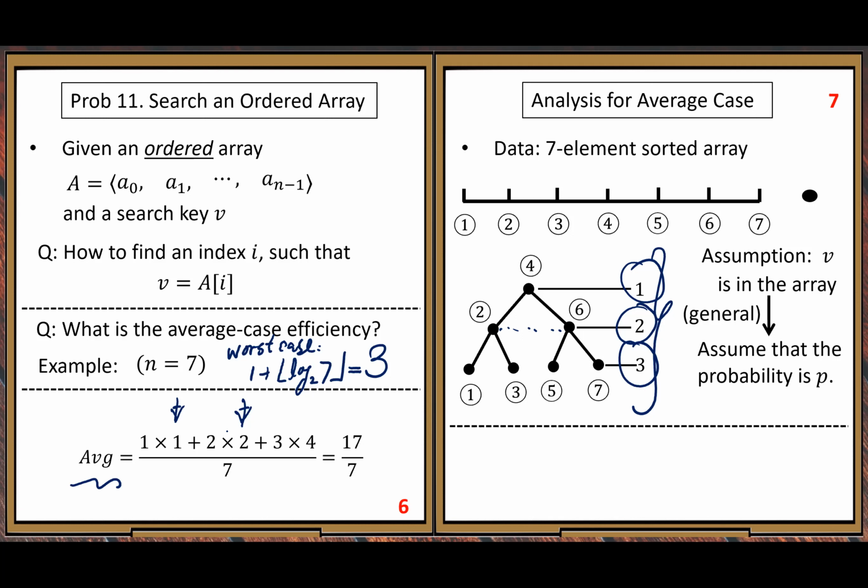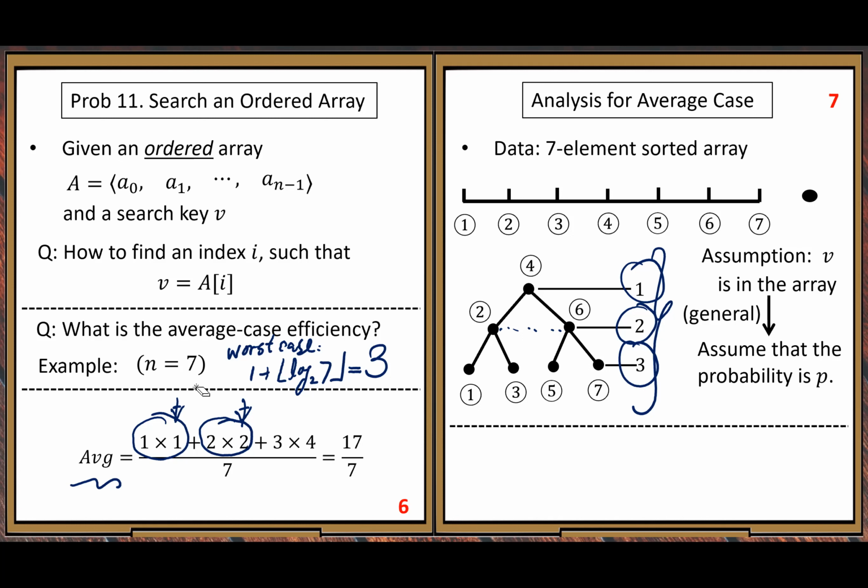For the top level, the subtotal number of comparisons is 1 times 1. For the second level, the subtotal is 2 times 2, because there are 2 nodes and each requires 2 comparisons.